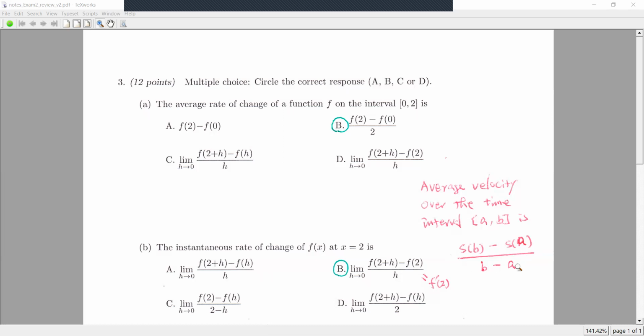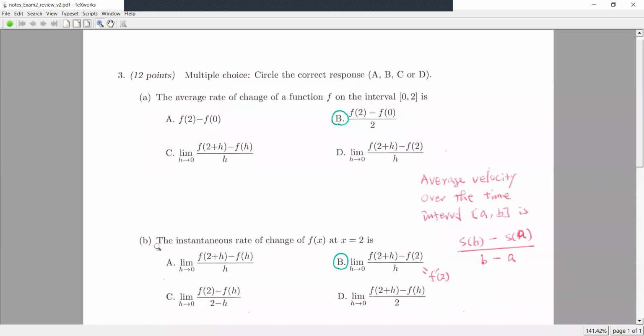This quotient is also the average rate of change of the position of the moving object. Similarly, the average rate of change of a function on an interval is function value at the right endpoint 2 minus function value at the left endpoint 0 over right endpoint minus left endpoint, 2 minus 0, 2. Therefore, B is the correct answer.